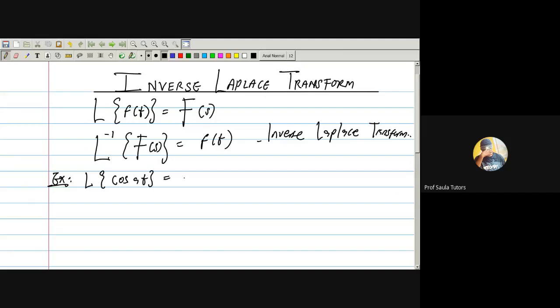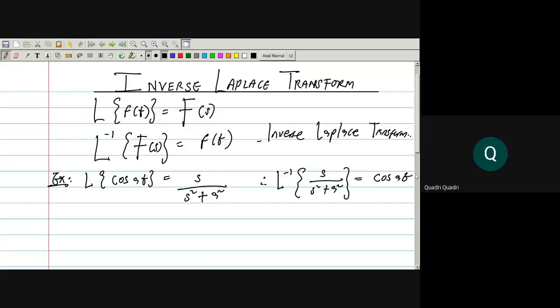What is that? If you can remember, that would be s over s squared plus a squared. So that means that the inverse Laplace transform of this function of s will actually give me what? Cos at. Cos at. Are we together?